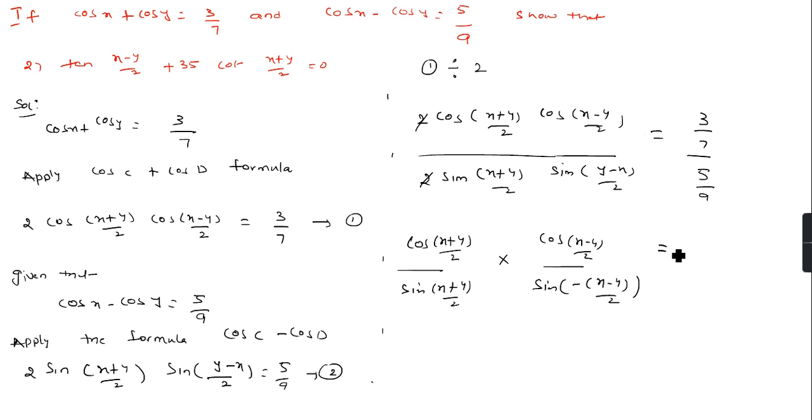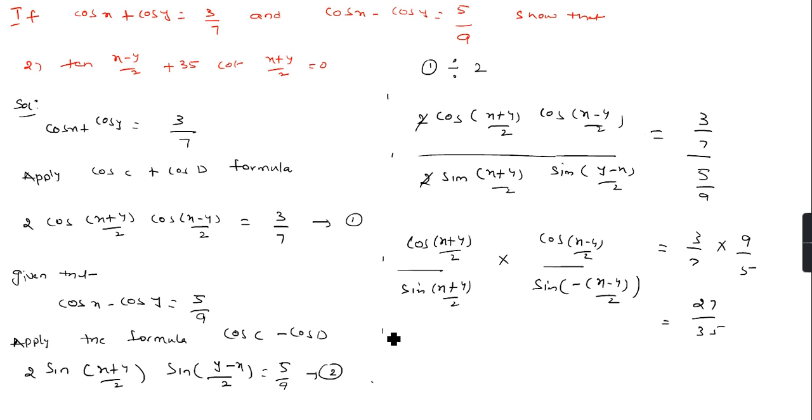Minus will be taken common here, and this is nothing but 3 by 7 into 9 by 5. So therefore we get 27 by 35, 3 into 9, 27 by 35.